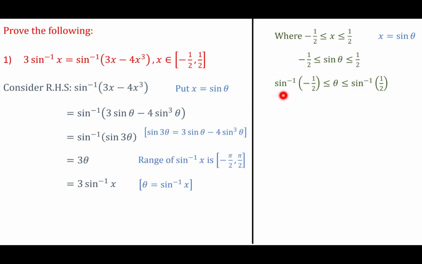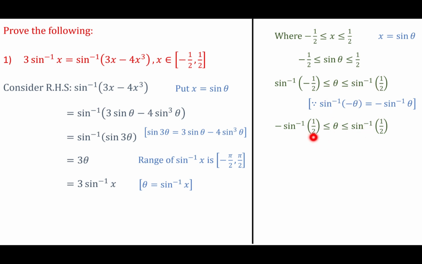Now we know the first property: sine inverse of negative theta is nothing but negative sine inverse theta. So I can rewrite sine inverse of negative half as negative sine inverse half. And the remaining part I wrote as it is.